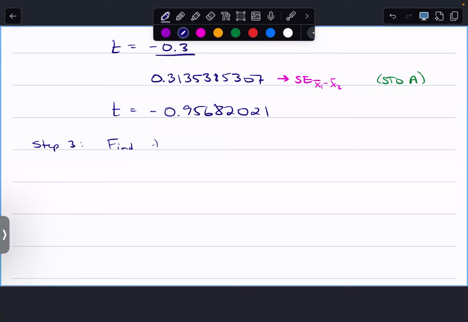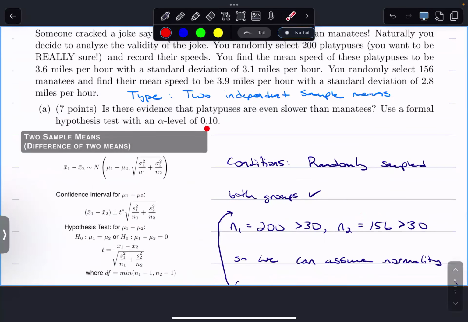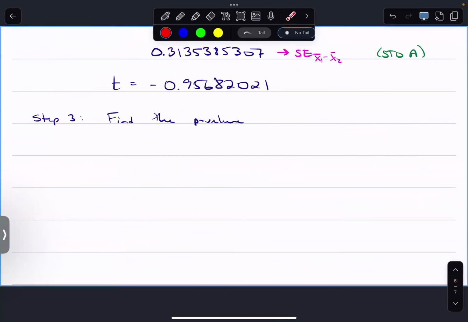Find the p-value. Could find the critical value here, remembering that alpha should be 0.1 because we were given the alpha level of 0.1. But we'll use the p-value. First, using degrees of freedom as the minimum.